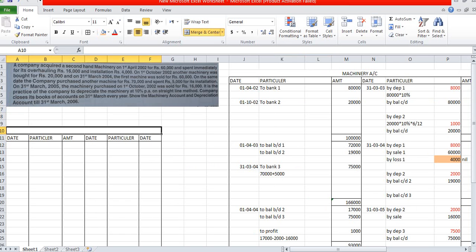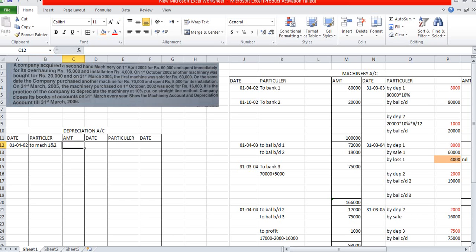Now prepare the depreciation account. Okay, what we have to do, start with 1st April 2002, particulars to machine 1 and 2.